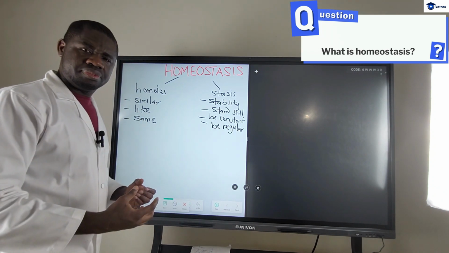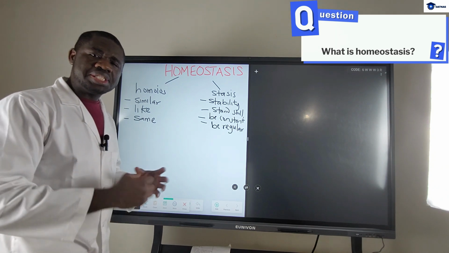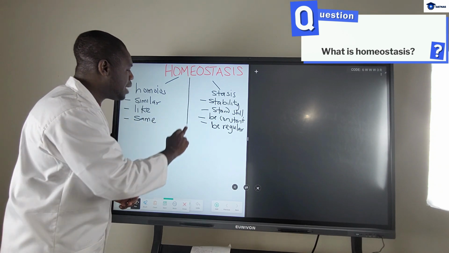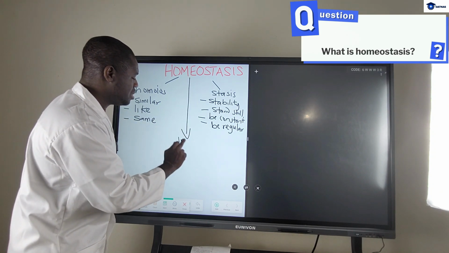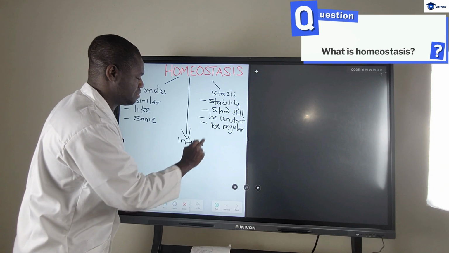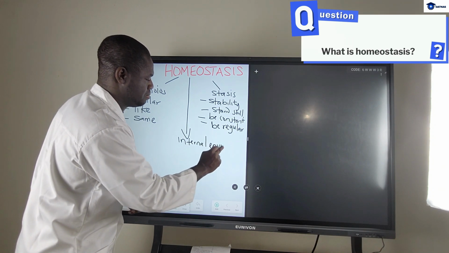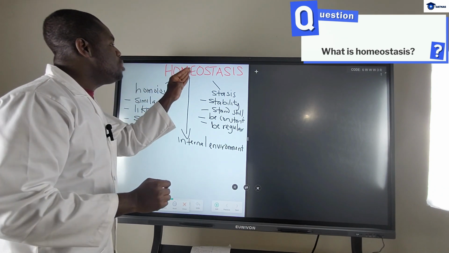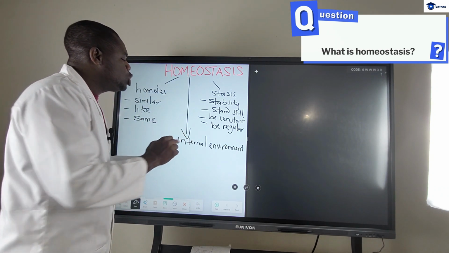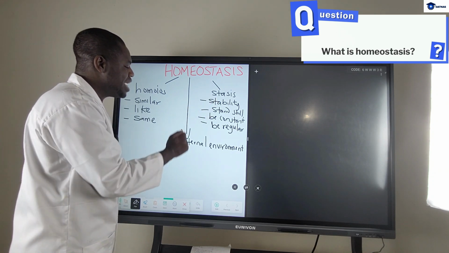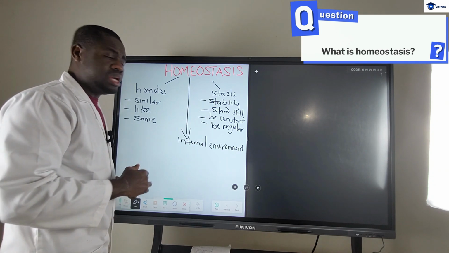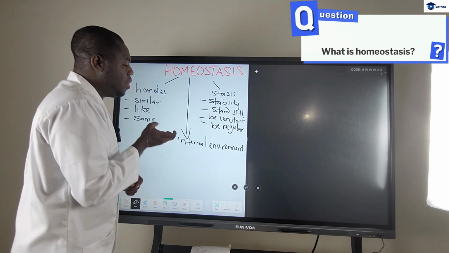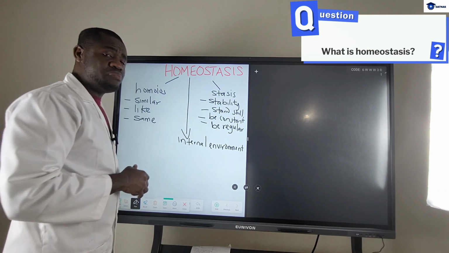And whenever we mention homeostasis, we are talking about the internal environment. That is, the focus of homeostasis is to ensure stability, to ensure constancy of the internal environment.